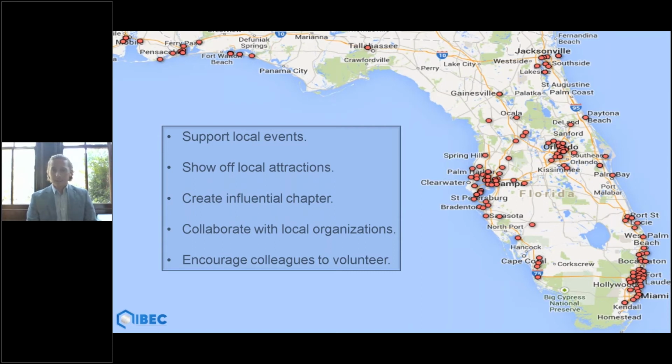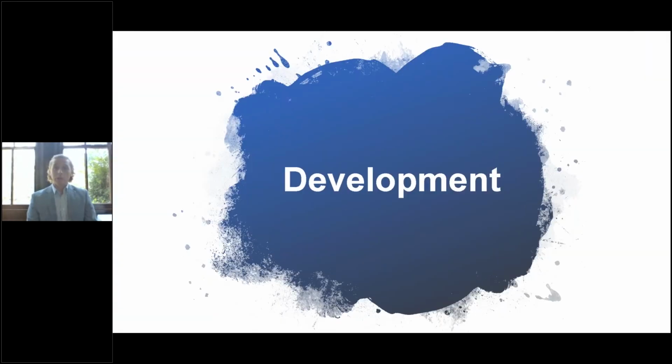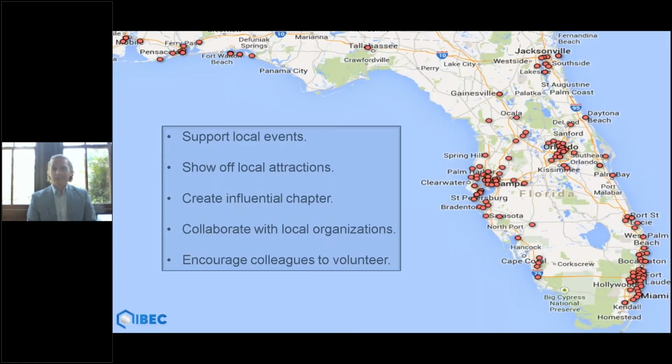And lastly, word of mouth is so strong. If you work in a large office, I always encourage IIBEC members to bring their colleagues and friends to the next chapter meeting. This is kind of a no-brainer, but oftentimes people as an IIBEC member don't always engage the folks closest to them, and they think that they need to engage people at another company or another organization.